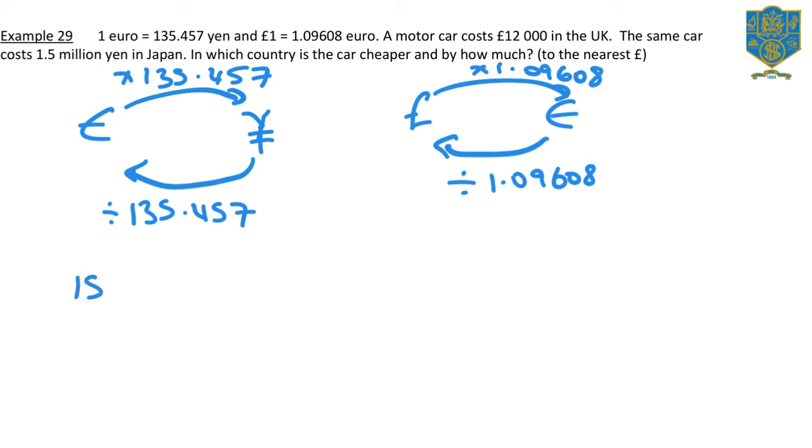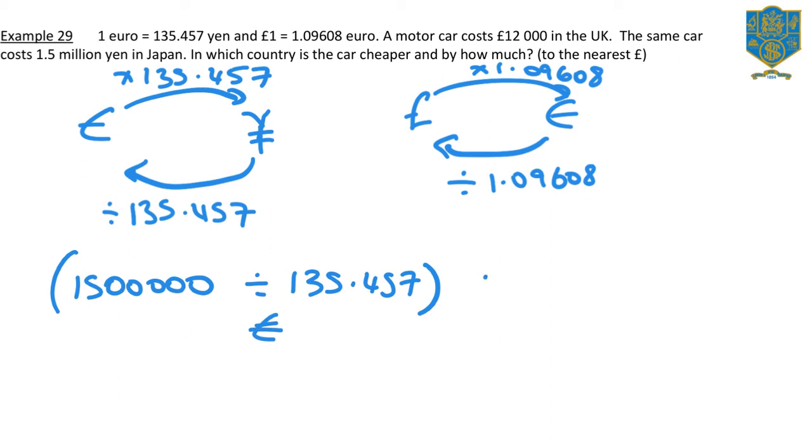So we'll do 1,500,000. To get into euros, first of all, we divide by 135.457. So that's going to change it into euros. And then whatever that is, we're going to divide by 1.09608 to get it into pounds.